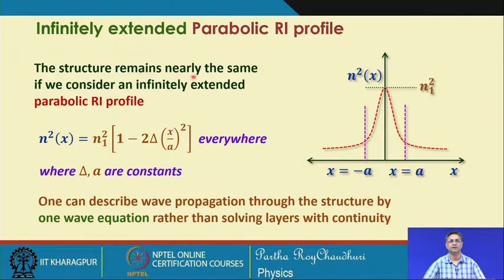Right, the structure remains nearly the same if I apply this one equation, that is I represent this effective index profile by one equation, n square equal to n 1 square, then x by a square, everywhere. In that case, this refractive index is no longer n 2 square, but it still falls, but this variation is so small that it does not become abruptly different.